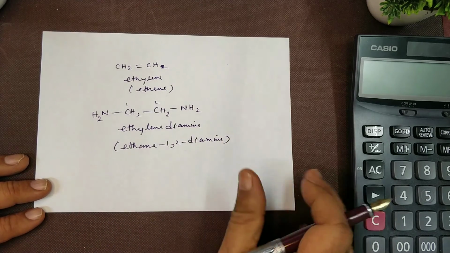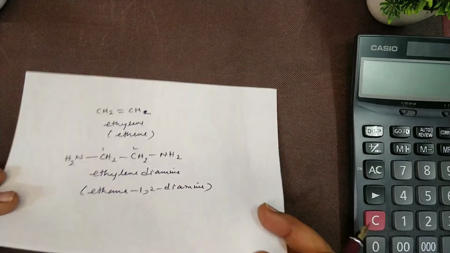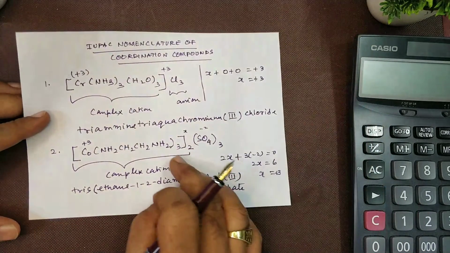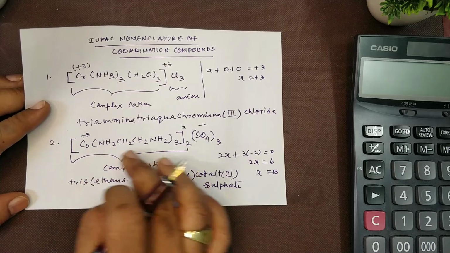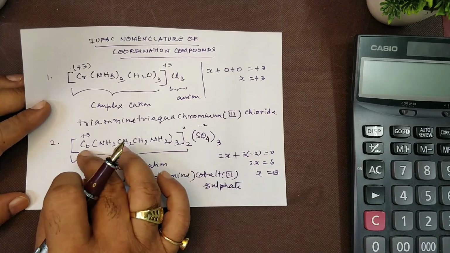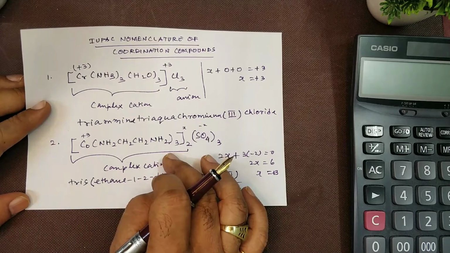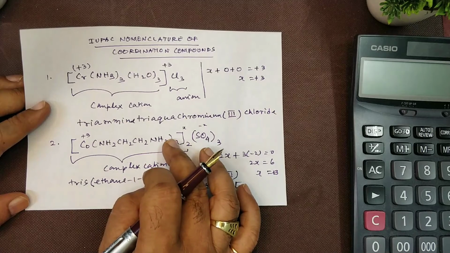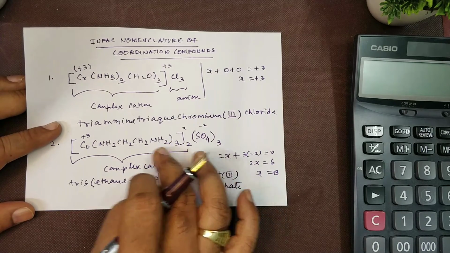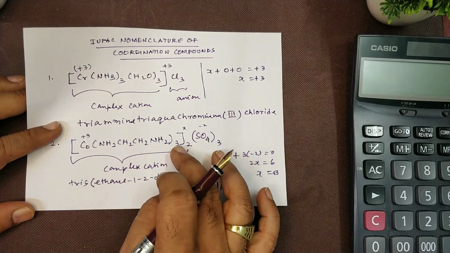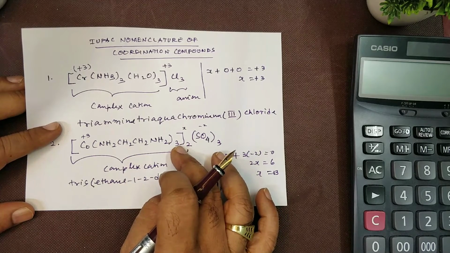And this is available as ligand 3 times. So it's a bidentate ligand, but available around the cobalt 3 times. Okay. So it should be called tris. Why it cannot be called tri? You will get a confusion. Suppose if it is 2 you will call it di.